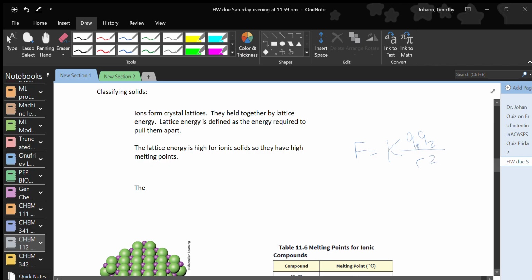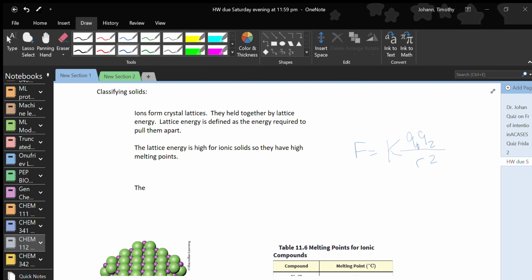So for Coulomb's law, what we've got here is our force of attraction. If we make these charges bigger, Q1 and Q2 are the charges, what happens to our force? It goes up, right? And what if we make the distance smaller, this number on the bottom smaller? Force also goes up. Does that make sense? Making the bottom bigger certainly makes the force smaller, so we do the opposite.